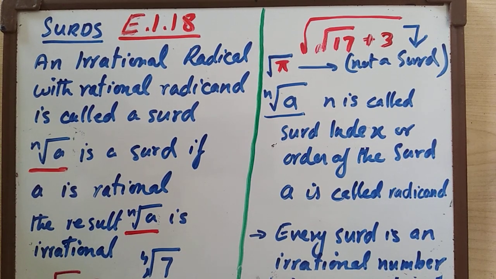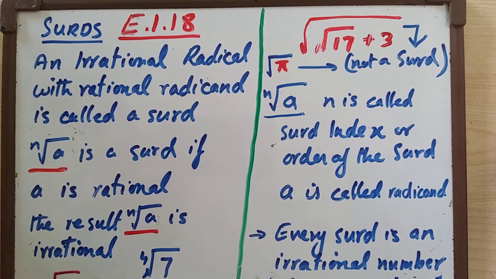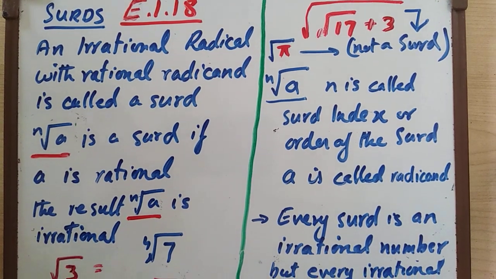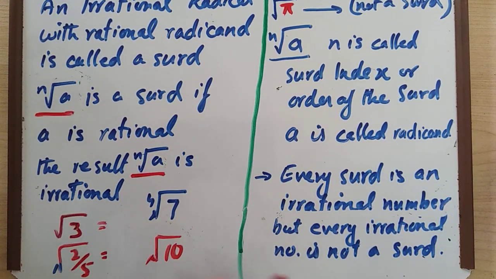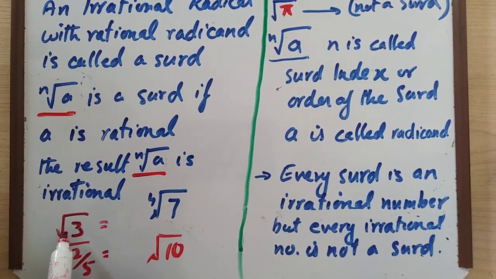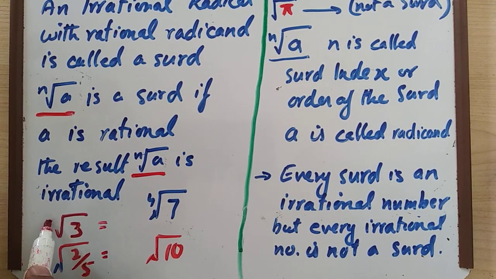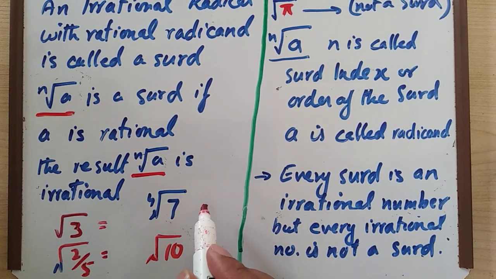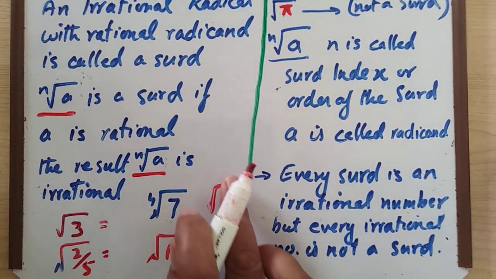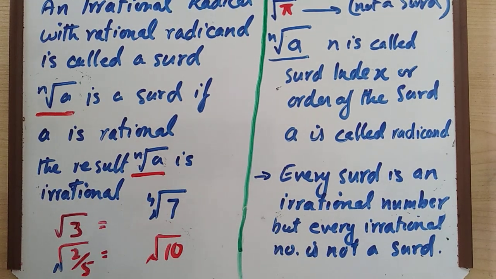So we have certain examples of how this could be possible. We have certain numbers, like you can see the square root of 3, right? Now in place of n here we have 2, but when we write a square root, we are not supposed to mention the 2 outside the square root.